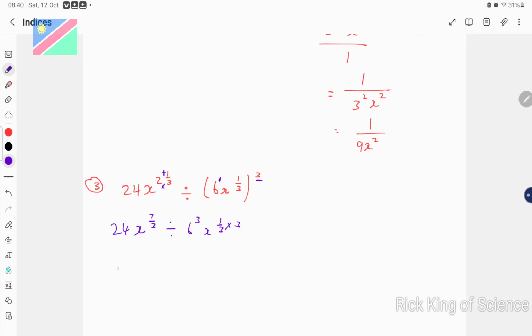Let's just do it here. So what you have is 24 x power 7 over 3 divided by 216 x, because that will just give you x. Okay, then from there, know that there's a 1 here, and division means you must subtract all together.